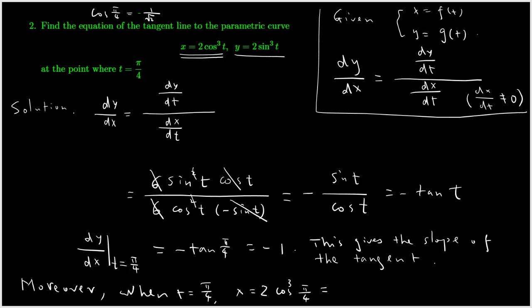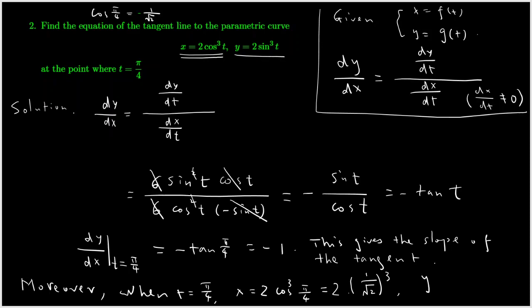I rebuild trig using the unit circles, right? So cos of pi over 4 is 1 over square root of 2. So the x value when t value is pi over 4 is equal to 2 times 1 over square root of 2, the whole thing cubed.